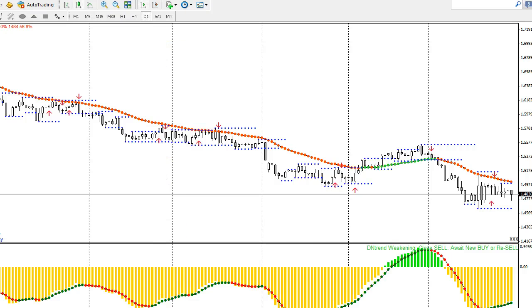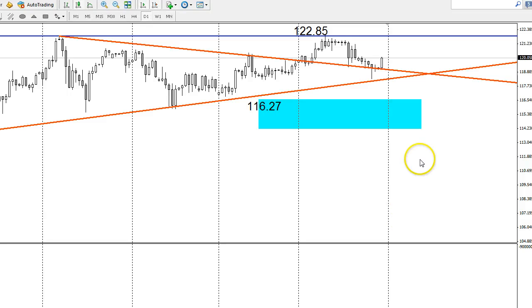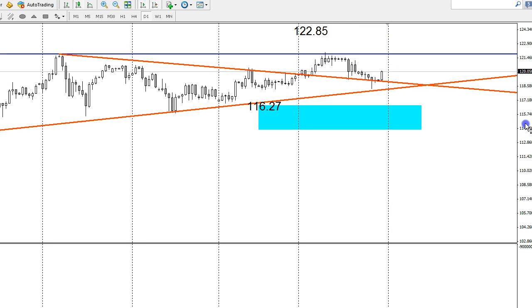As far as the Japanese yen, the Japanese yen has done something very interesting. It went down to retest that triangle that we've been talking about, broke back into it, but could not close in it, and just now is going back up from that level. Obviously, what we've been talking about for a couple of weeks still holds.